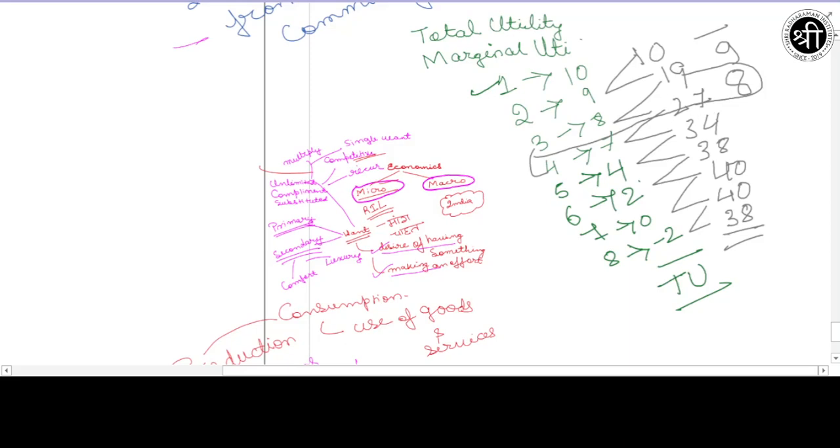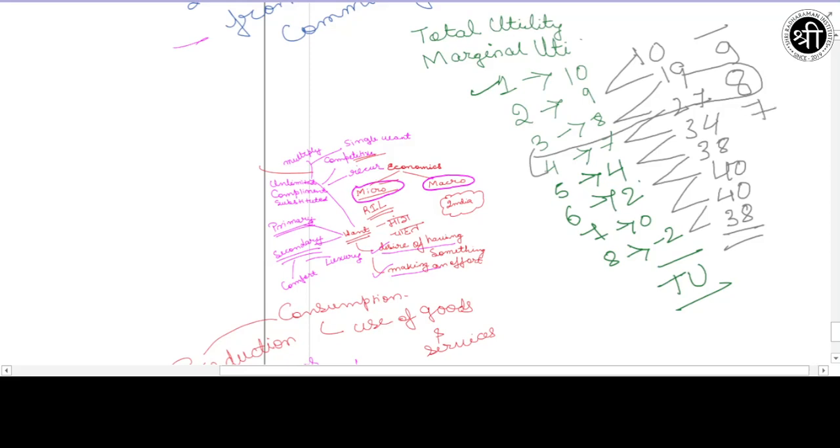So you got 34. Now at 3 the total utility was 27, and at 4 the total utility is 34. So how much extra did you get? You got 34 minus 27, that is 7.